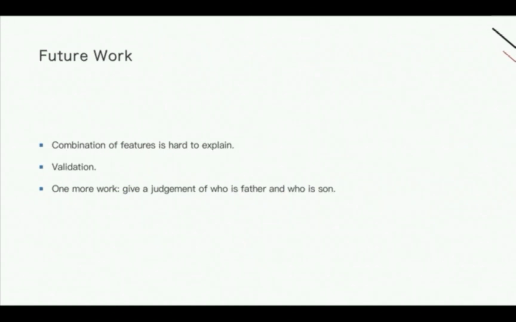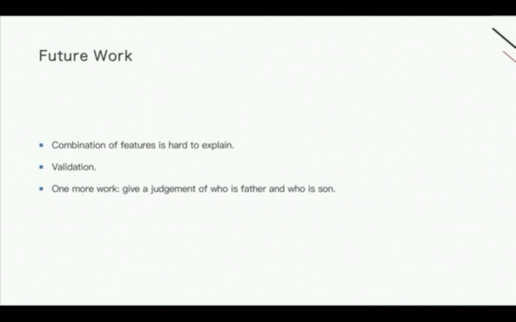Then I'll talk about the future work. In this project, we use different combinations of features that are extracted from images to raise the accuracy. However, these combinations are selected randomly. There is no specific explanation about why we chose such combinations. For further work, I think we can explore the mathematical explanation.